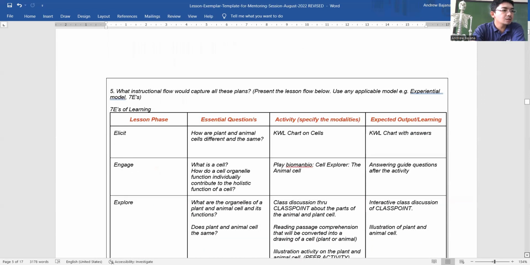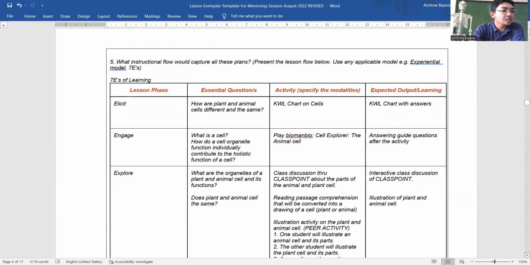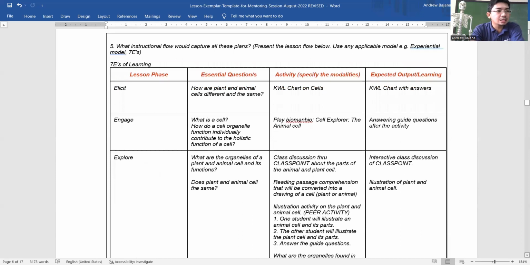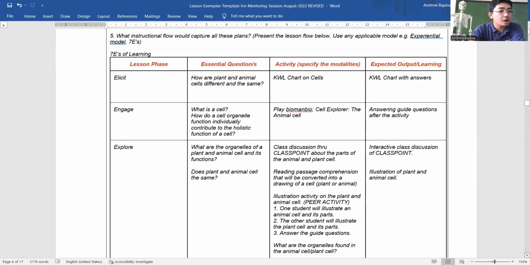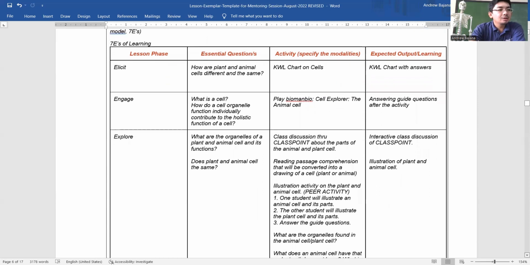So this part is the 7 E's of learning. This is the flow of the lesson. Elicit: for the elicit part, the KWL chart on cells. Potential question: how are plant and animal cells different and the same? Engage: they will interactively engage in the play, Bioman Bio, Cell Explorer, the animal cell.